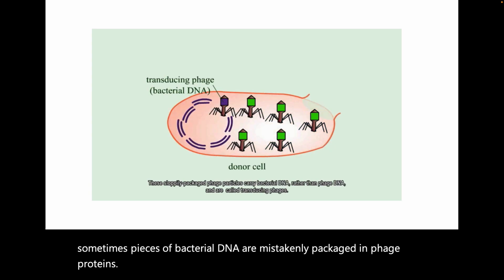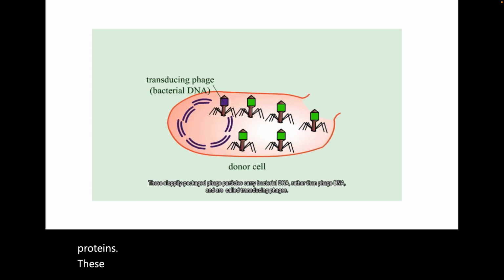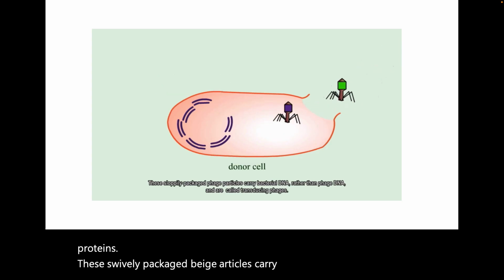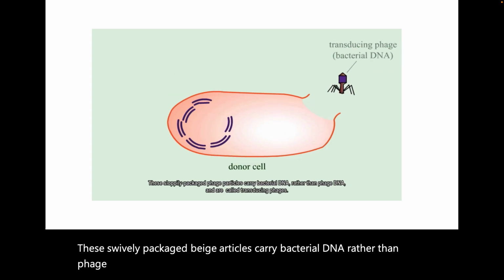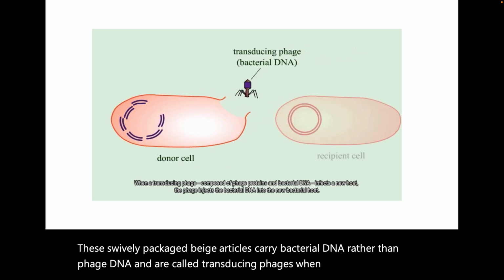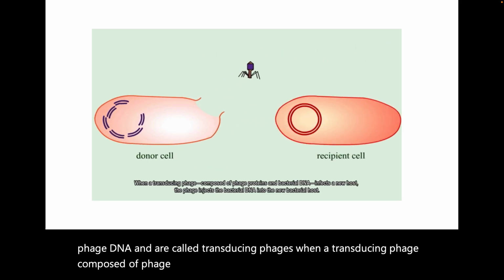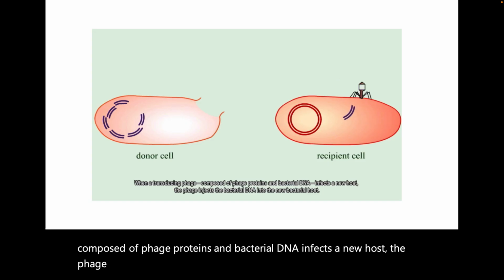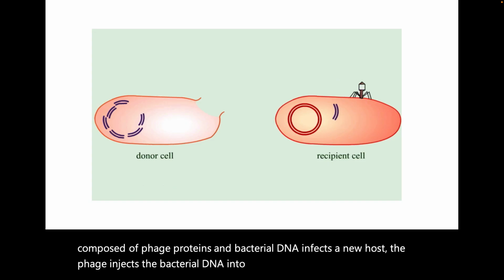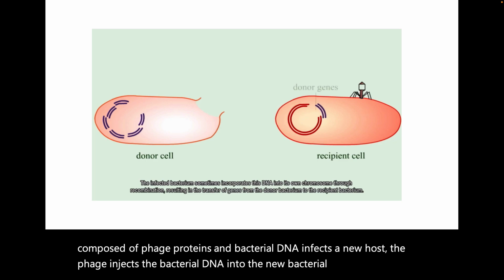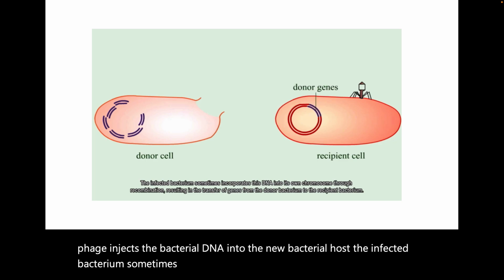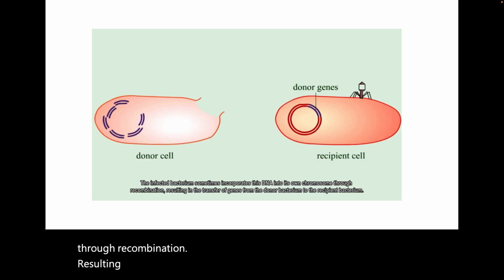These sloppily packaged phage particles carry bacterial DNA rather than phage DNA and are called transducing phages. When a transducing phage, composed of phage proteins and bacterial DNA, infects a new host, the phage injects the bacterial DNA into the new bacterial host. The infected bacterium sometimes incorporates this DNA into its own chromosome through recombination, resulting in the transfer of genes from the donor bacterium to the recipient bacterium.